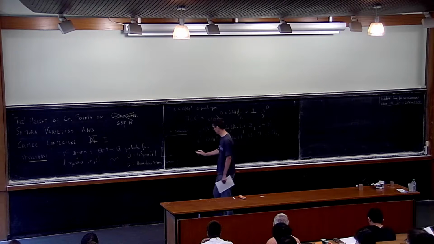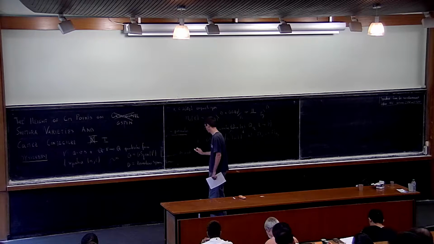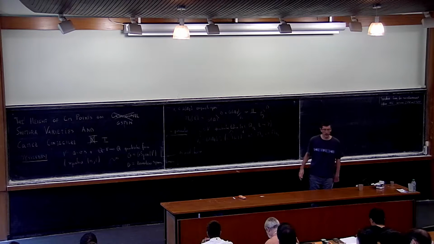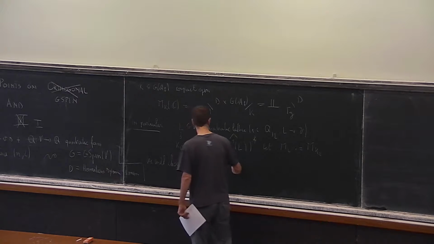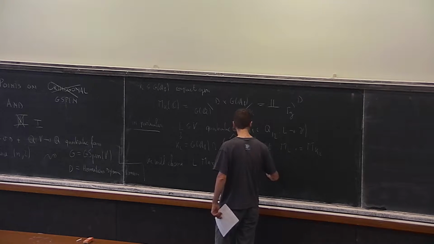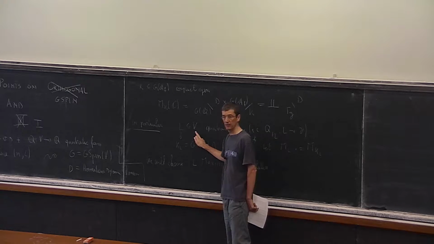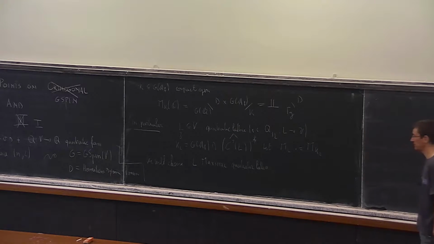And I told you that we will choose also, for reasons that will be apparent later when I talk about integral models, but let me write it right away, otherwise I'm sure I will forget, L a maximal quadratic lattice, in the sense that there is no intermediate lattice between L and V on which Q is integrally defined and which strictly contains L, so it's maximality with respect to inclusion.